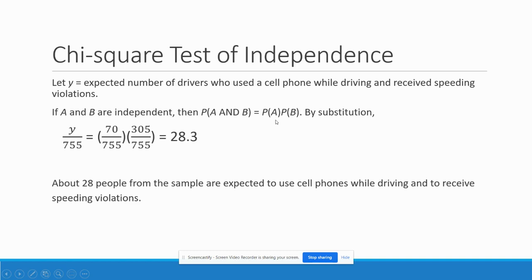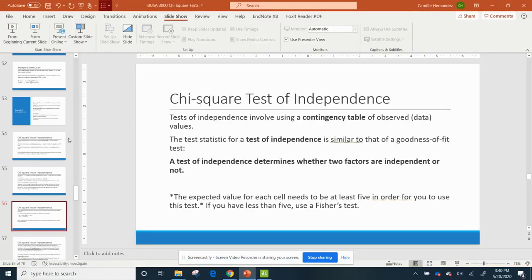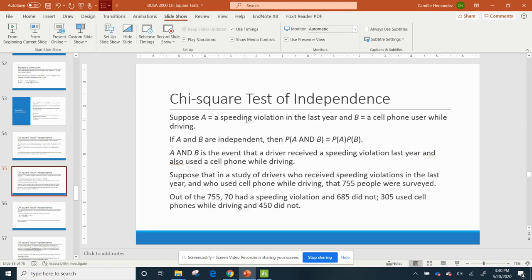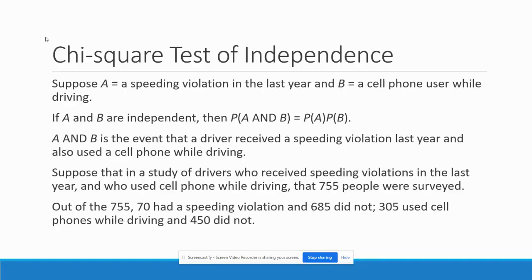All right, remember, probability of A. Let me go back to this one just so we can look at it again. Remember, probability of A was a speeding violation. And right here, it says 70 got a speeding violation. So that's going to be 70 over 755. B then is cell phone users while driving.